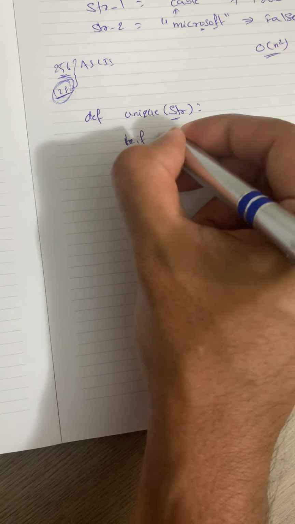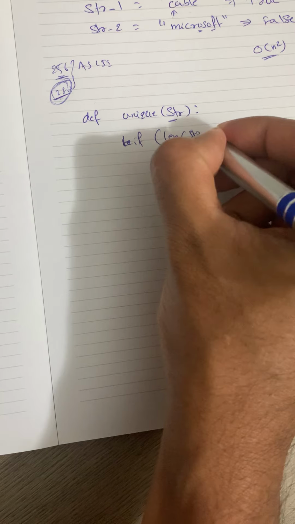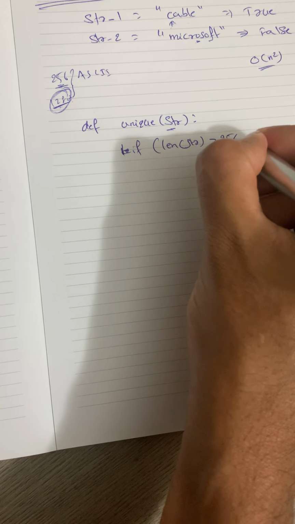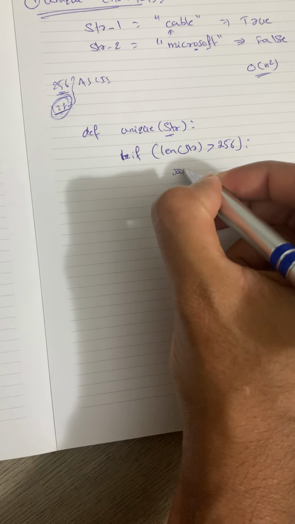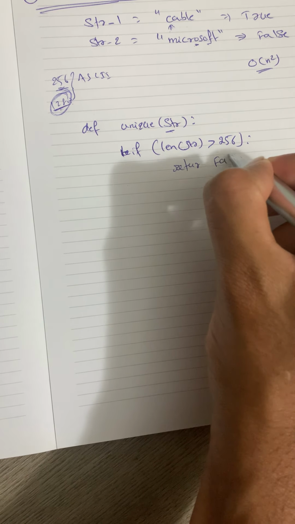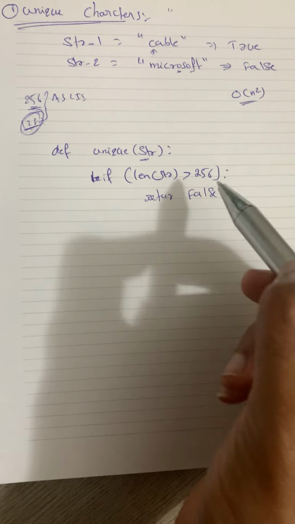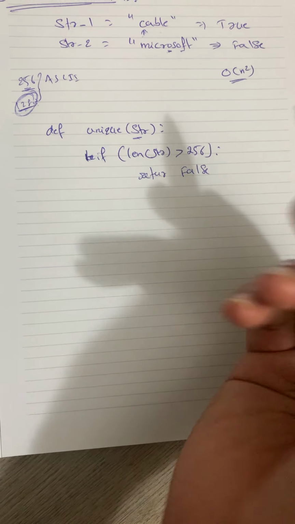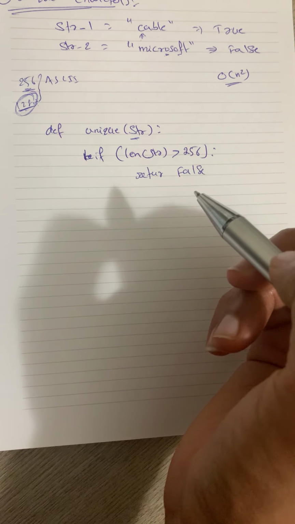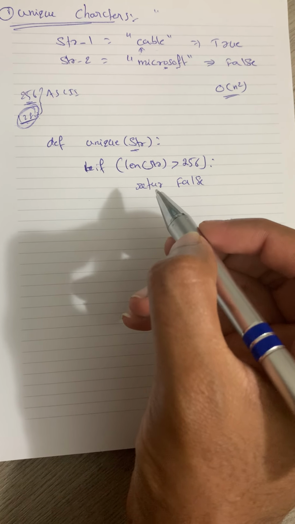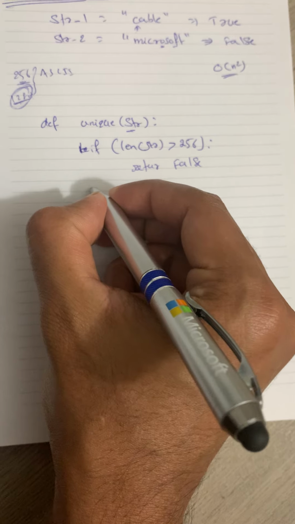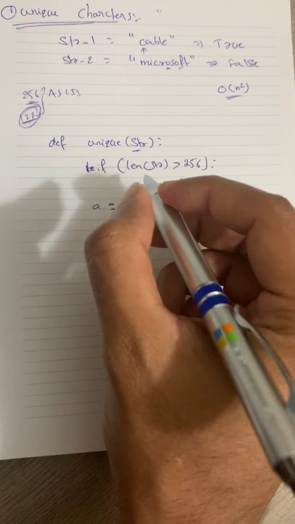If the length of str is greater than 256, we can return false. So in the first step itself, we'll know this program is going to return false if it exceeds 256. But if that is not the case, we will initialize one variable, a.